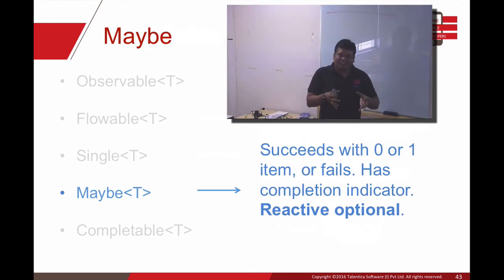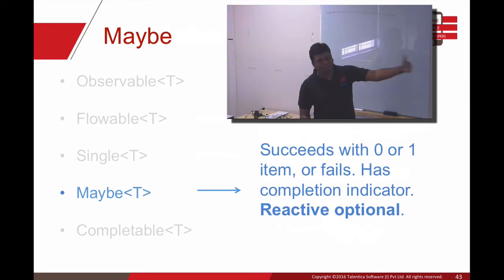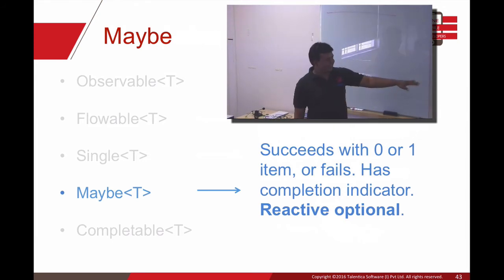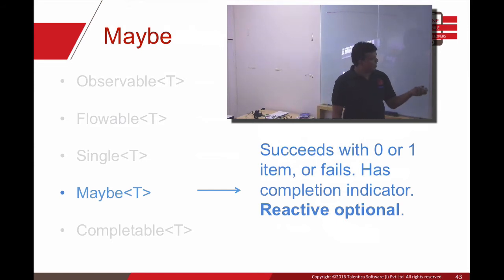Maybe is the same. It can contain null or the actual value, but not right now. We're talking about reactive here, so asynchronous, but not right now, some point in the future. So you can describe it as a reactive optional. Right now, we don't know if it contains a value or not, but in the future, it may contain a value, or it may contain an error or null.